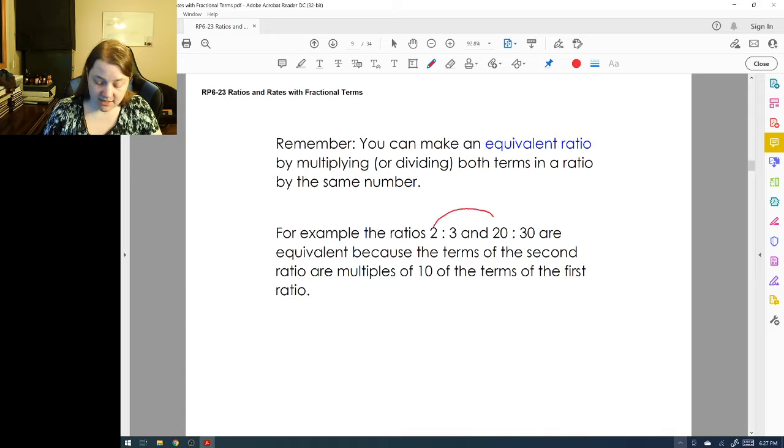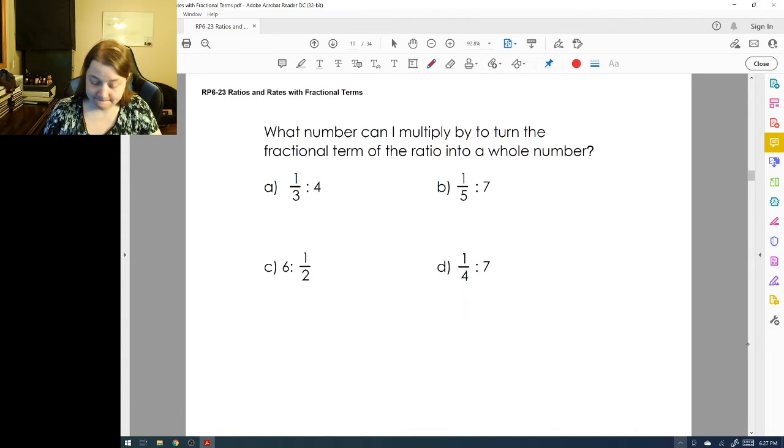So 2 times 10 is 20, 3 times 10 is 30. What number can I multiply by to turn the fractional term of the ratio into a whole number? So I want to multiply by a number to turn this into a whole number.